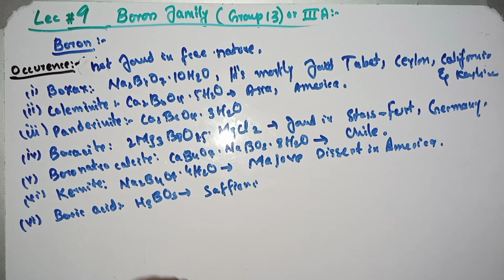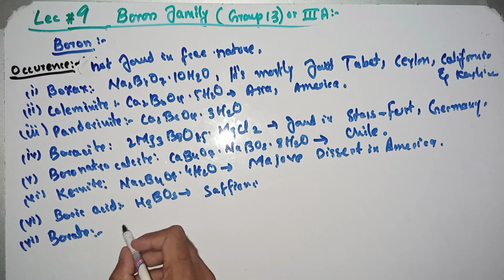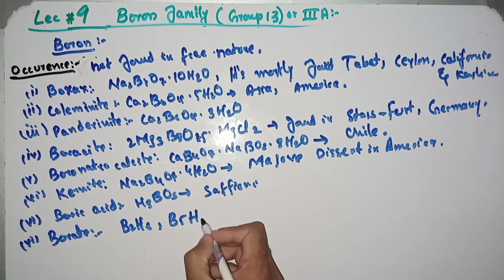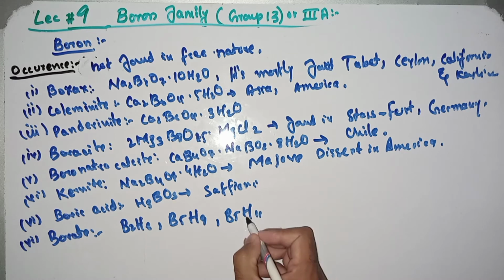Boron is also found in the form of borides, also called boranes, like B2H6, B5H9, and B5H11. This is the form of boron hydride. So boron can exist in all these things. These are the occurrences of boron. I hope that is clear.